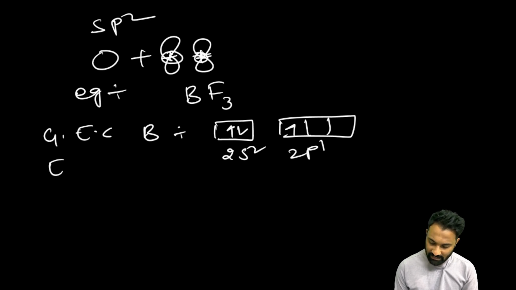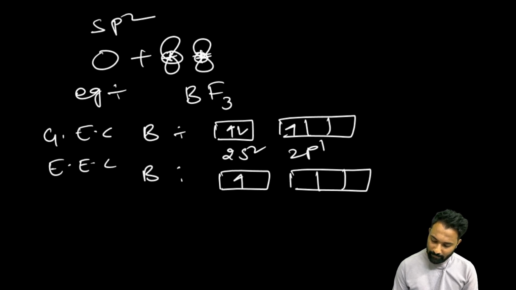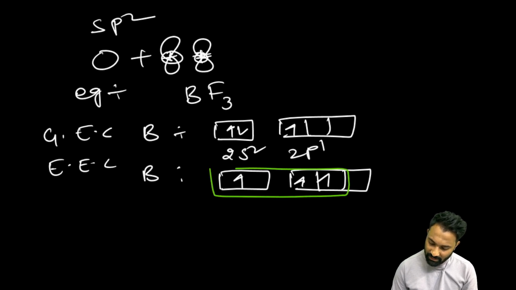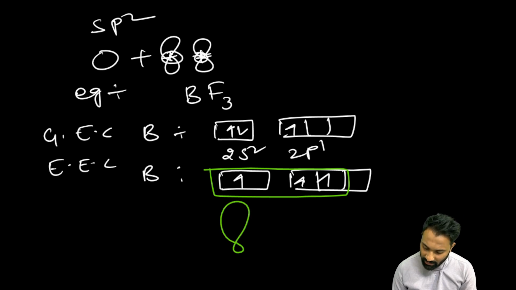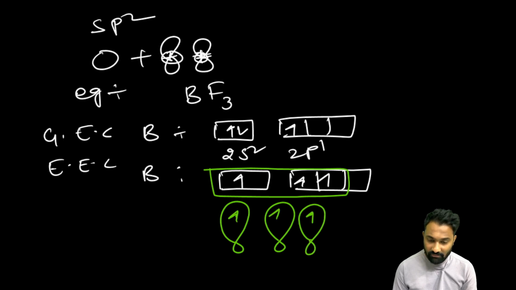Then the excited state electronic configuration of boron will be 2s1 2p2. After excitation, these orbitals should intermix to make the energy the same, which leads to new hybridized orbitals. In this manner, each hybridized orbital has 1 electron.